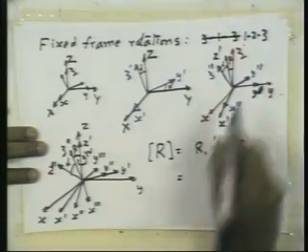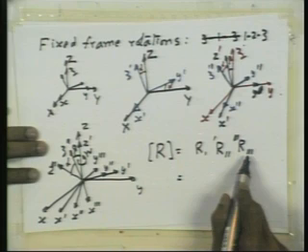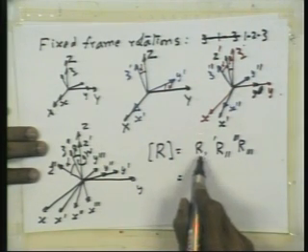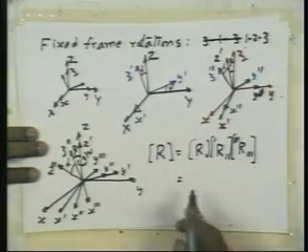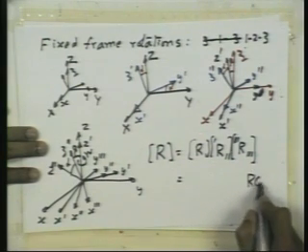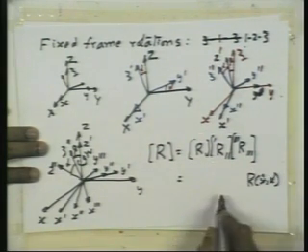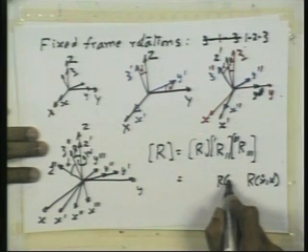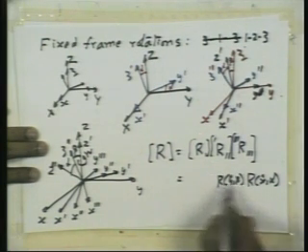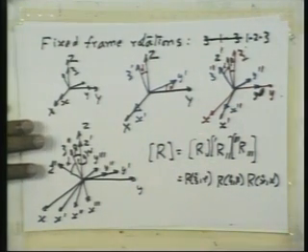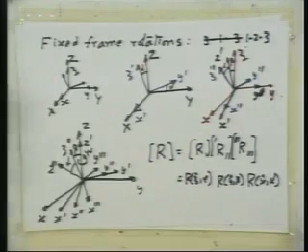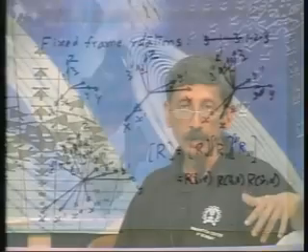And since we have used 1, 2, 3, this is the rotation about x axis, this is about y axis, and this is about z. So we have R about x by angle alpha, then R about y by angle beta, and R about z by angle gamma. The sequence is exactly reversed compared to what you have in the Euler rotations.